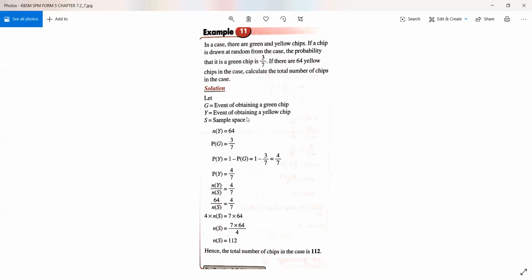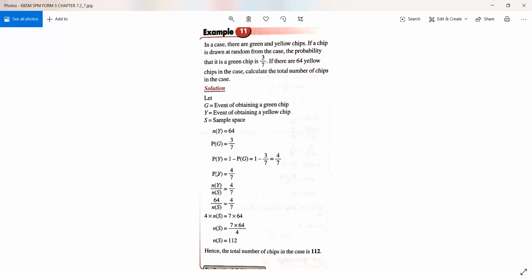We know the probability of a green chip is 3/7, so the probability of a yellow chip is 1 minus 3 over 7, which is 4 over 7.